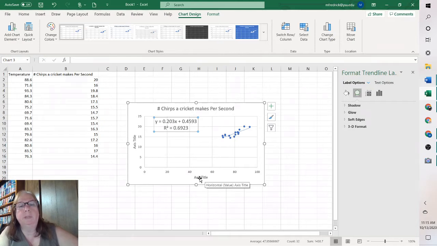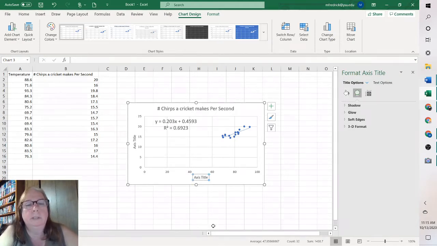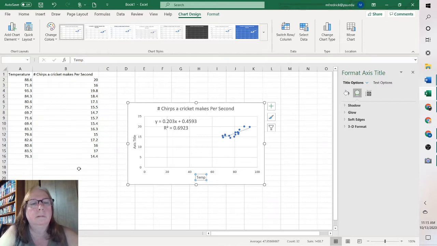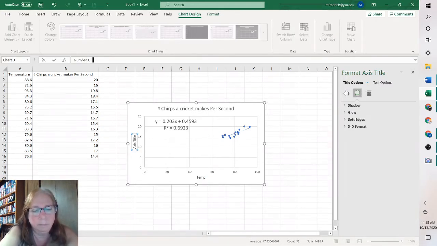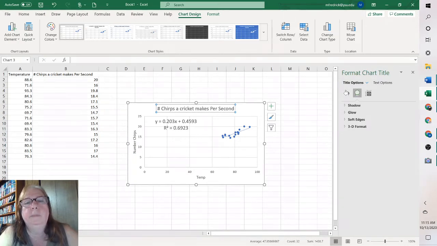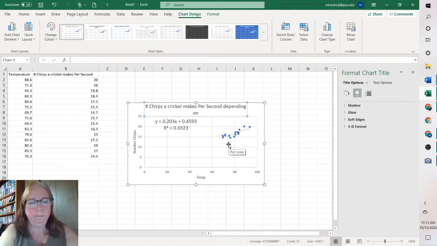Now you can name your titles. Temperature, and number of chirps. And if we want to add to this, we could put depending on temp.